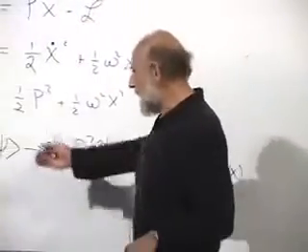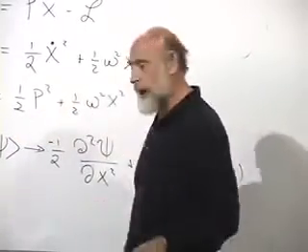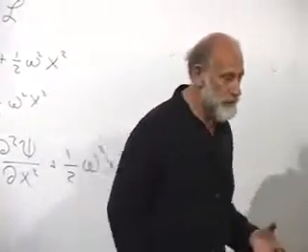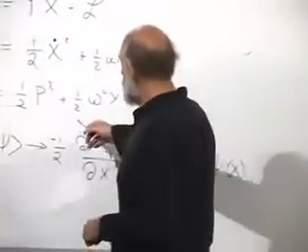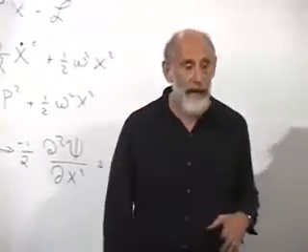So one of the things you should expect is, first of all, that there are no negative energy levels. How can there be negative energy levels when both of these are positive? Thought of as operators, they have only positive eigenvalues. P squared and x squared are positive. So there are no negative energy levels. And in fact, there is not an energy level with 0 energy.